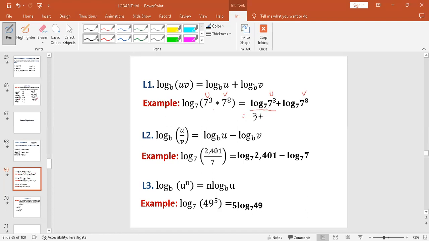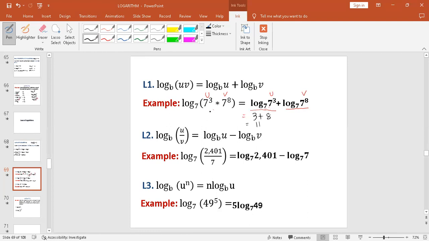Plus, look at the second term. Log of 7 raised to 8 to the base 7. So this will fall under second property. So we can simplify this. They have the same basis, so the answer here is 8. So 3 plus 8 is 11.